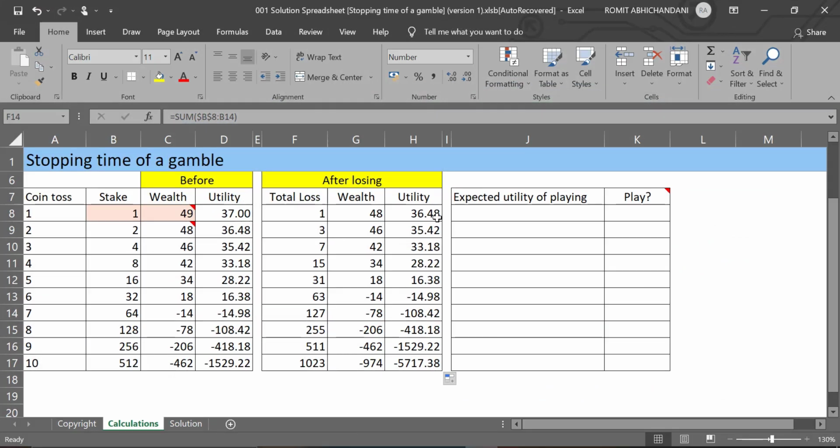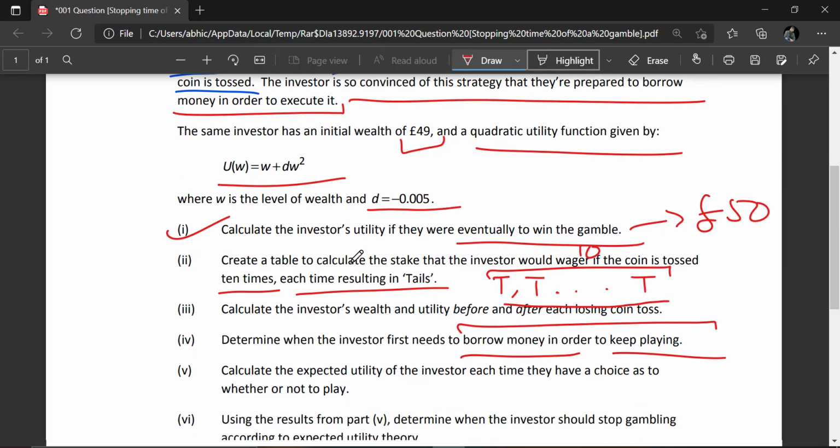So your wealth after losing any gamble, let's just look at that. So here first 5 gambles, you can see it's positive. Okay, it's only after the 6th gamble that the wealth has turned negative, right? So the answer is that the investor will need to borrow after the 6th gamble, when their wealth goes negative.